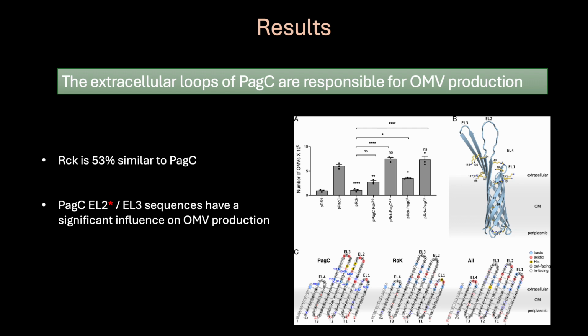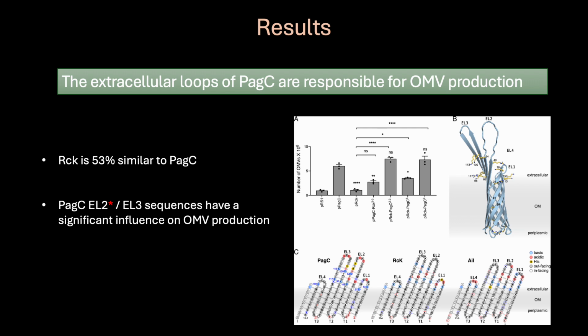So as you can see in the fifth one, and then also in the last bar shown there, except here only one PAG-C EL sequence was used to replace the EL sequence of RCK.